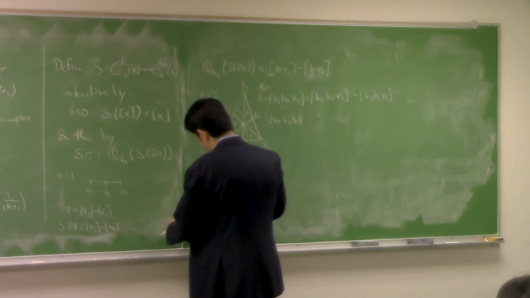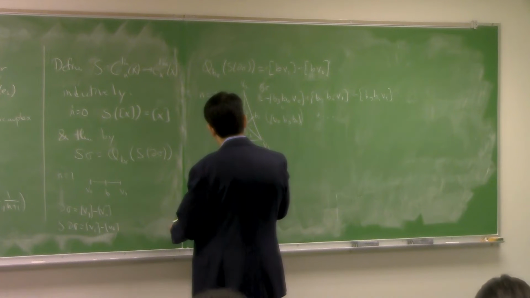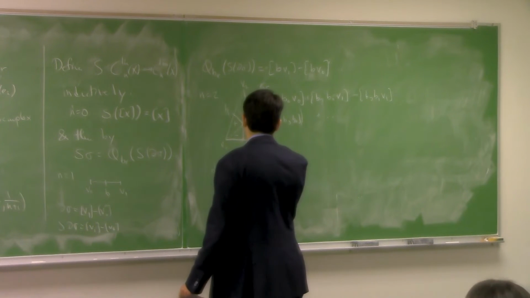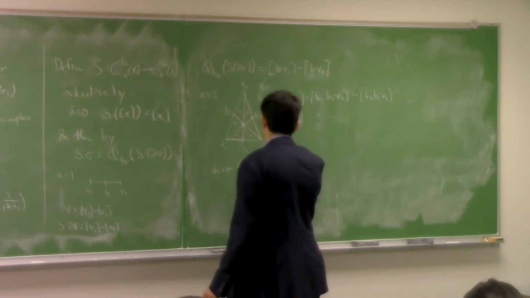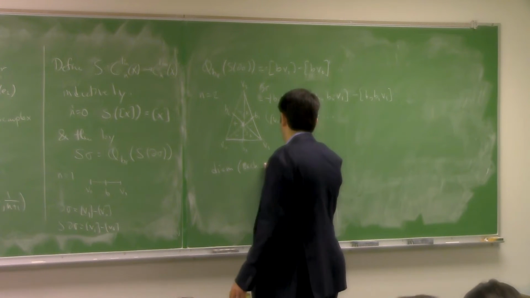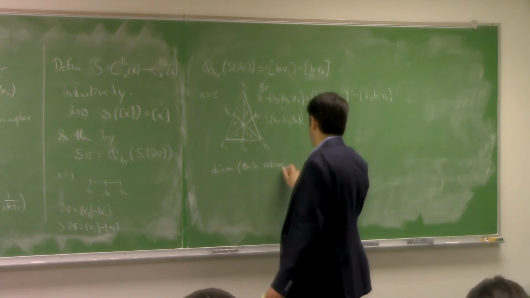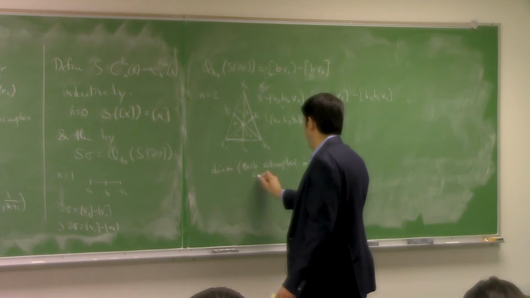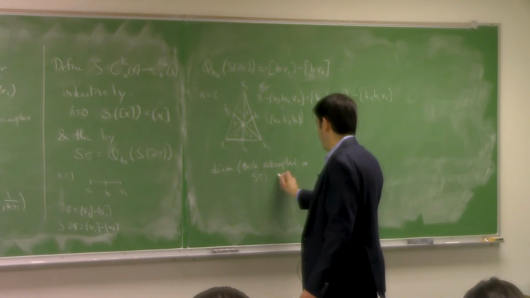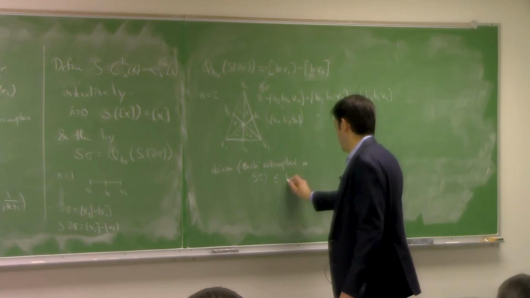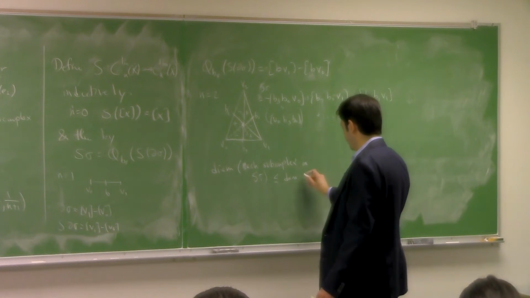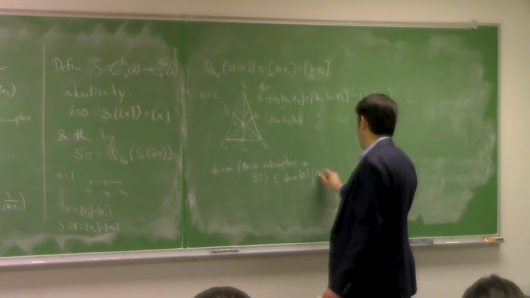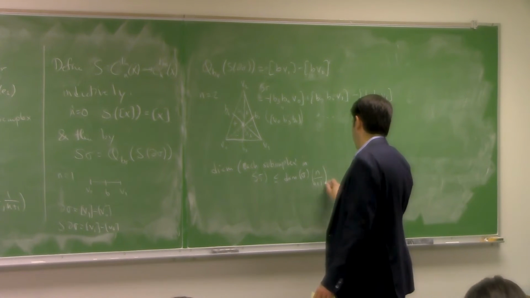The diameter of each subsimplex in S sigma is bounded above by the diameter of sigma times n over n plus 1.